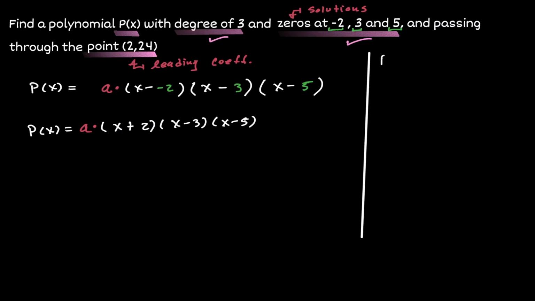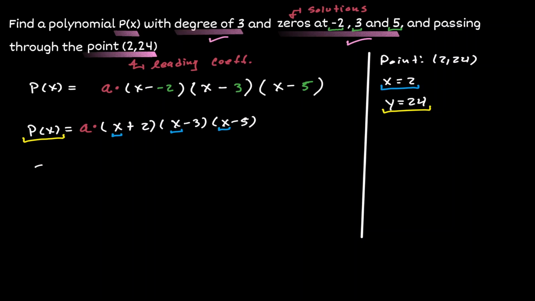Well, if we want to pass through the point (2, 24), then we can assign values to variables. X will have a value of 2, and y will have a value of 24. So we can go back to our polynomial and substitute the value of 2 every time we see an x. And we can let y be equal to 24.